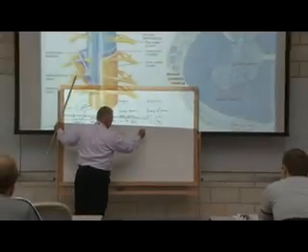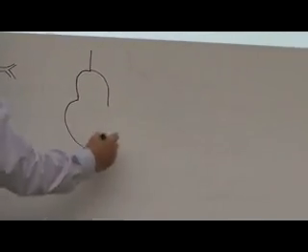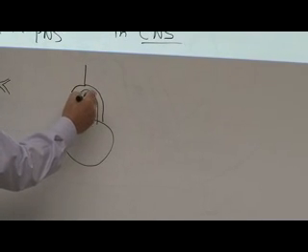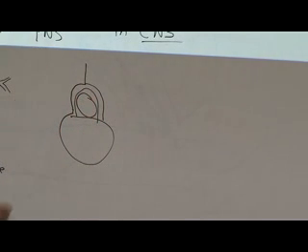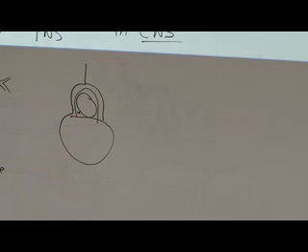remember that we had that neural arch, then we had the body of the vertebrae, and your spinal cord is located inside this neural arch. Just outside the Dura Mater is a space called the Epidural Space, and it's highly vascular.